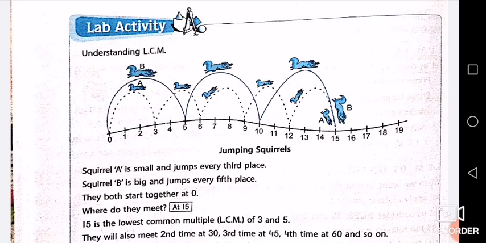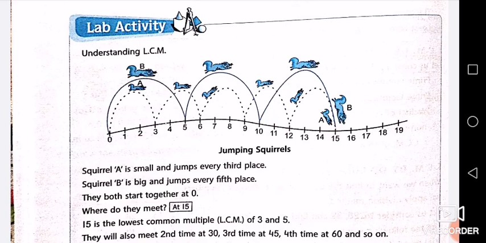So from 0 it will jump to 3, then 6, then 9, then 12 and 15. Now the bigger squirrel jumps from 0 to 5, then 10, then 15. Now you can see on 15, both the squirrels meet. Now 15 will become LCM, that is least common multiple of 3 and 5.